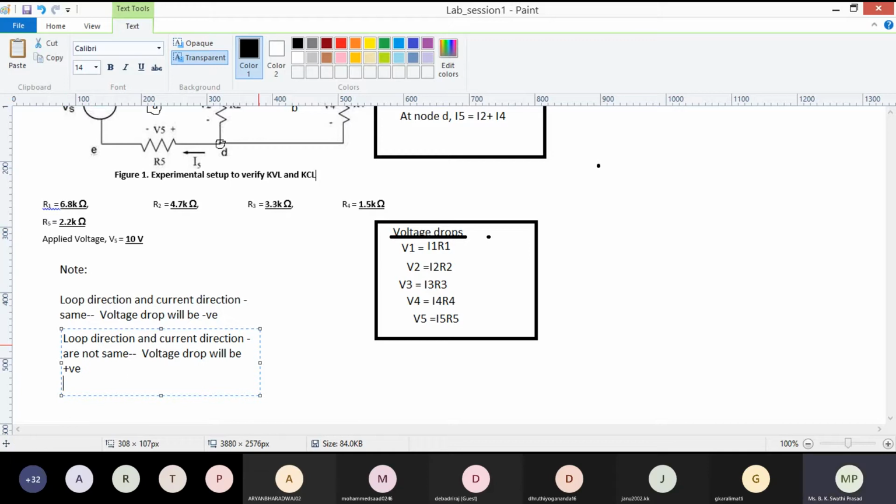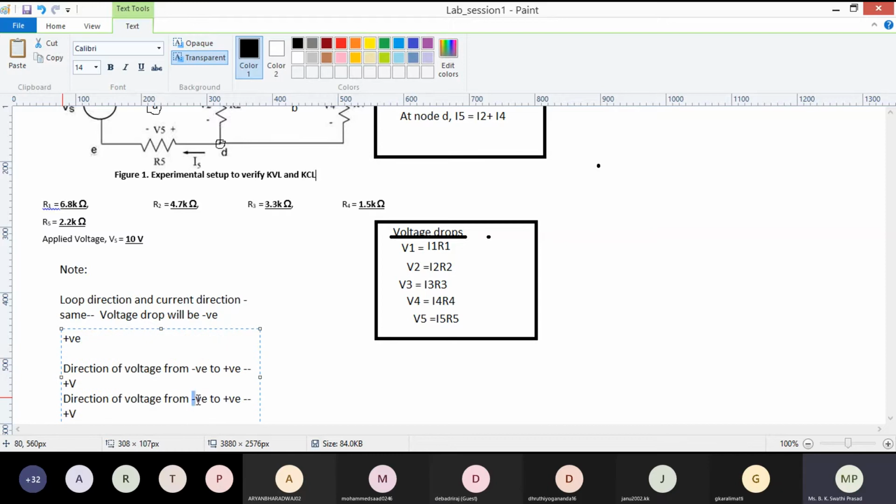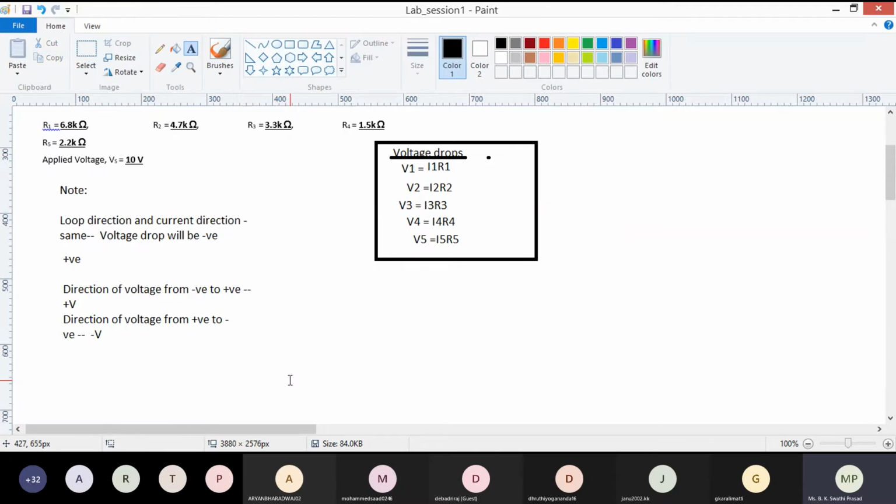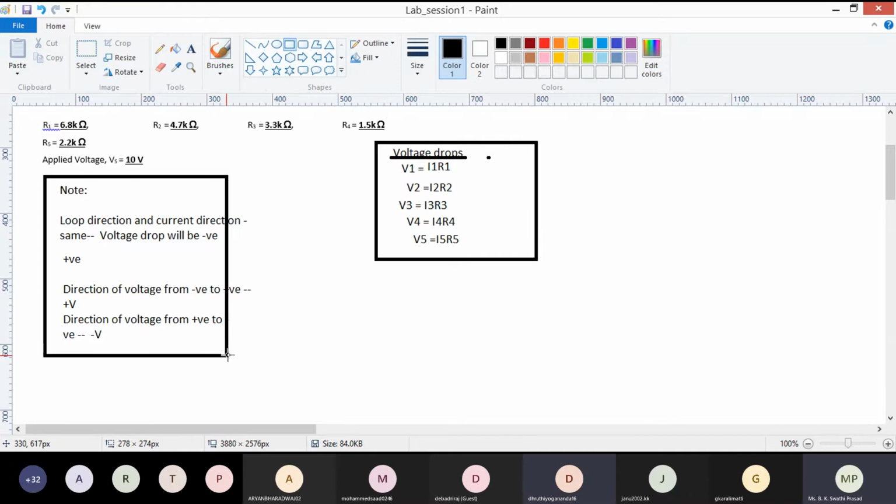And for the direction of voltage, when you go from negative to positive it is plus V, and from positive to negative it is minus V. Any doubts you have in this? No, ma'am.